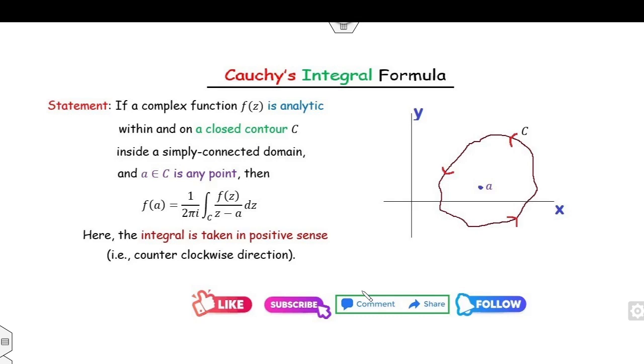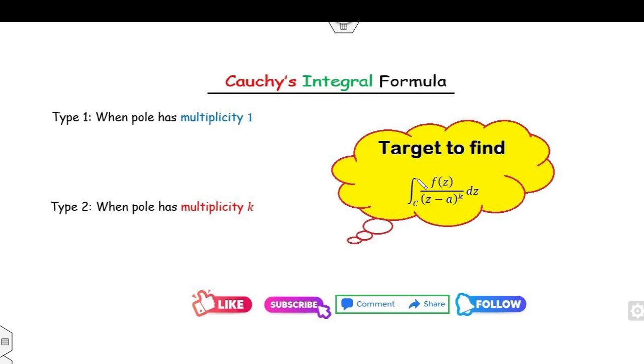Now, whenever you are working on the Cauchy integral formula, that means whenever your target is to evaluate the integration over the closed curve C, I will divide it into two cases. Case one is when the power k is 1, and the second is when it has some power, k may be greater than 1.